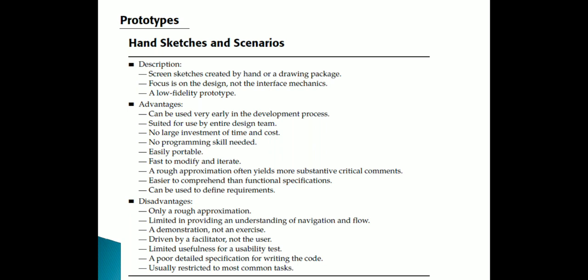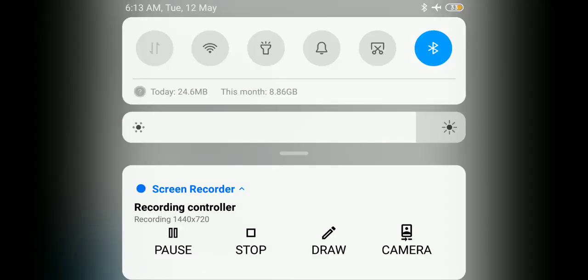Therefore, we have various kinds of prototypes. Now, let us discuss these prototypes in the order of increasing fidelity. To begin with, we shall look at hand sketches and scenarios.